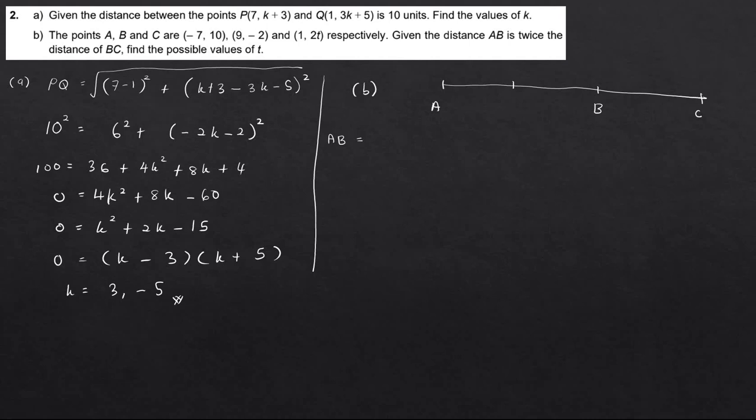These are the points for A and B, (-7, 10) and (9, -2). So distance AB is the square root of (-7 minus 9) squared plus (10 minus negative 2), so plus 2, squared.